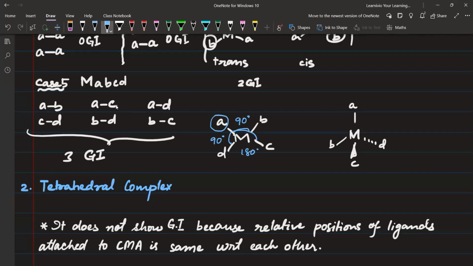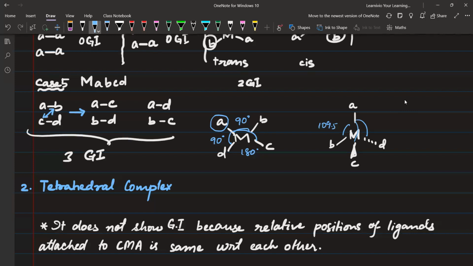Yes, sir. But in the case of tetrahedral, A and B, it is 109.5 degrees apart. A and C is also the same. A and D is also the same. Correct? Yes, sir. All the bond angles are going to be 109.5 degrees only. So if you exchange B and C, then we got this complex.